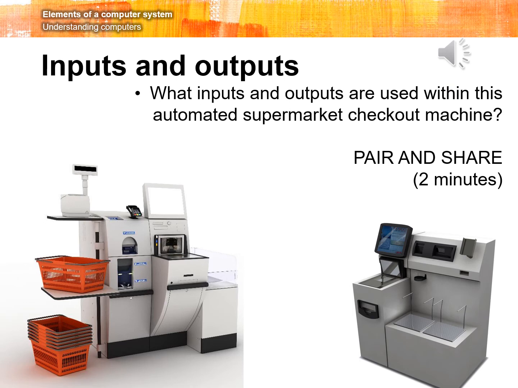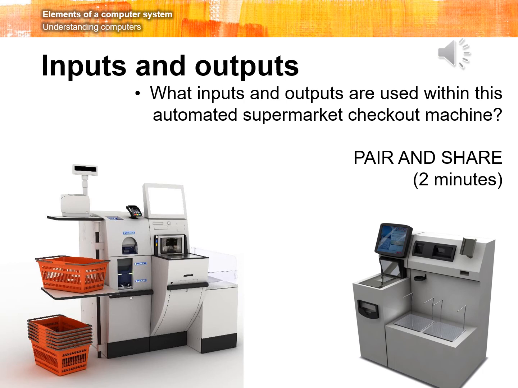You may have used one of these automated checkout devices when you have been to the supermarket. It has lots of different inputs and outputs and lots of devices that allow us to put information into the computer and for it to send information out.